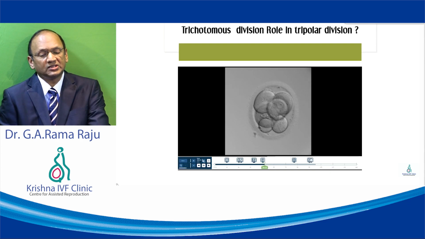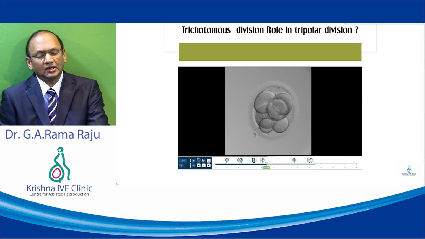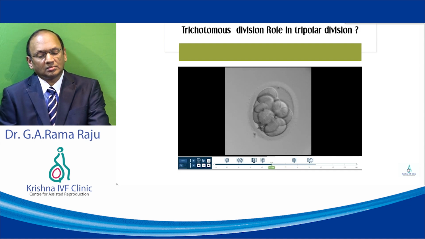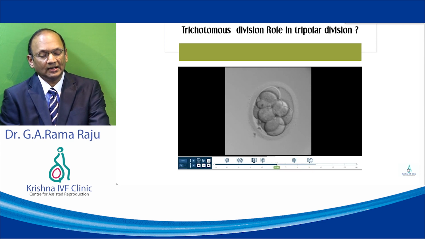And any embryo which has a tripolar division has a lower implantation potential. If you observe this, this is a cell that has gone through the changes.